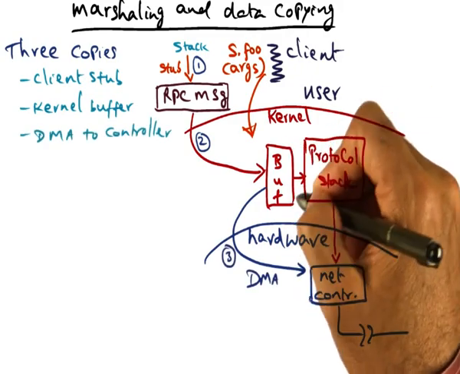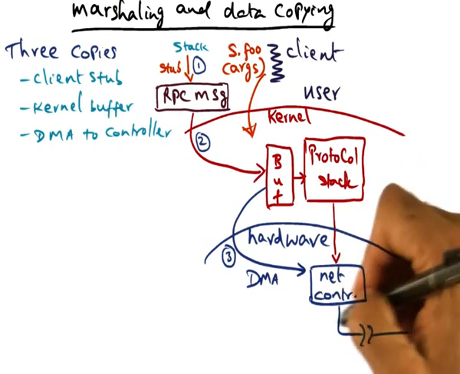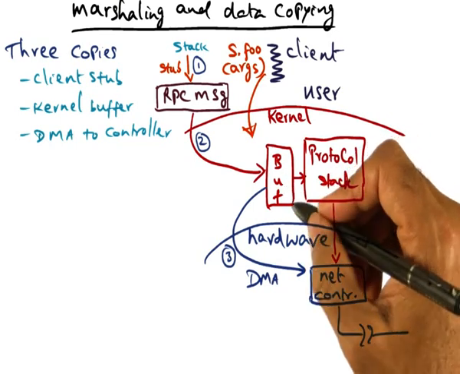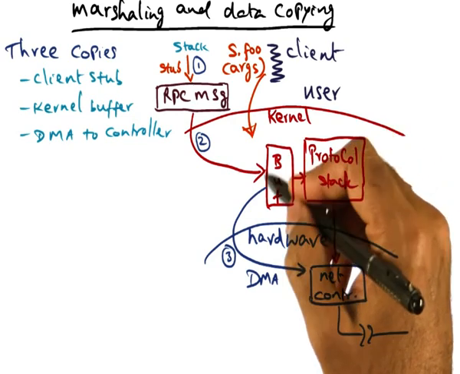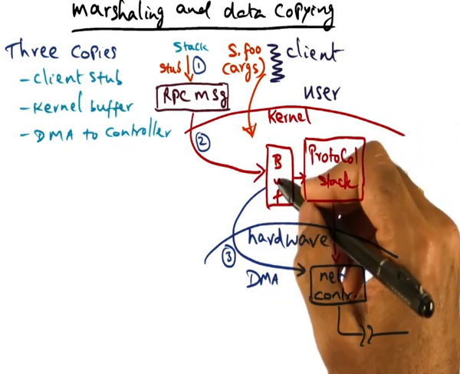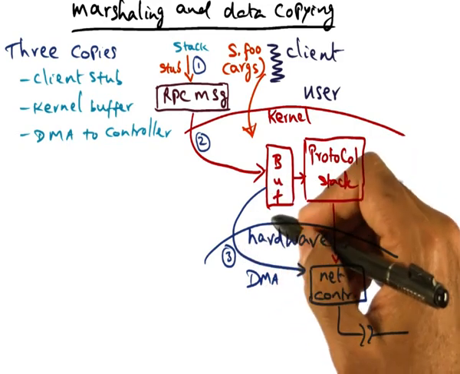So now it is in the buffer of the operating system kernel. Now the operating system can kick the network controller and say, hey, go ahead, take this buffer, send it out on the wire to the desired destination. And the network controller at that point is going to move the bits from this buffer, which is in the system memory of the operating system, into its internal buffer using DMA. And this is the third copy that is happening.